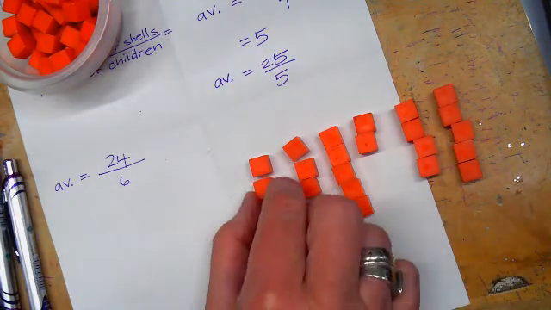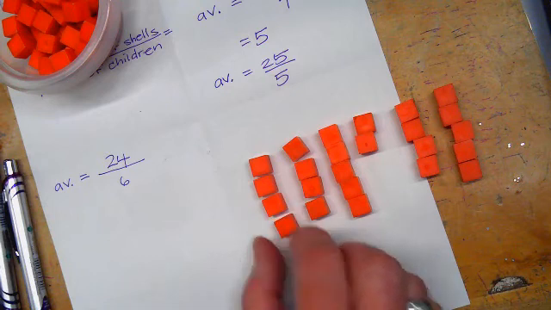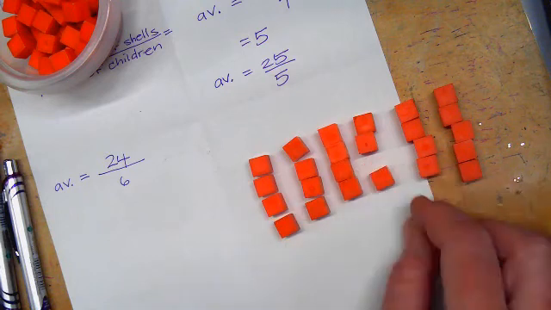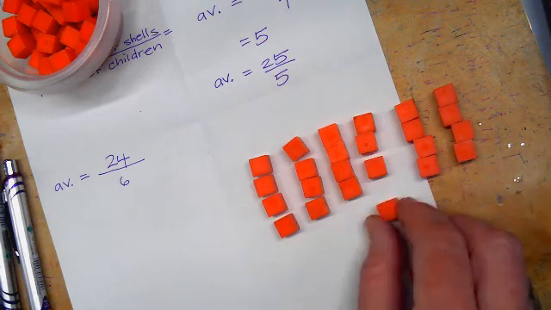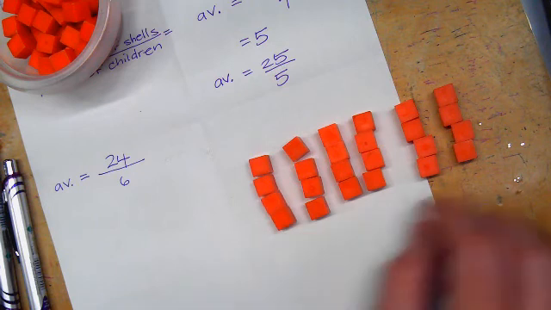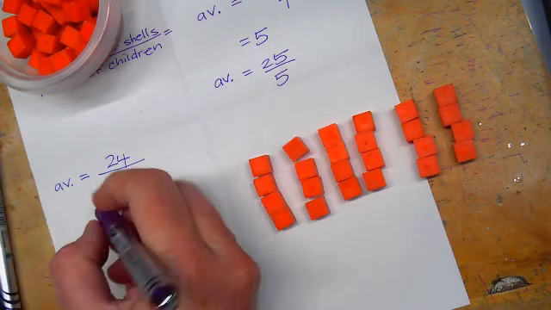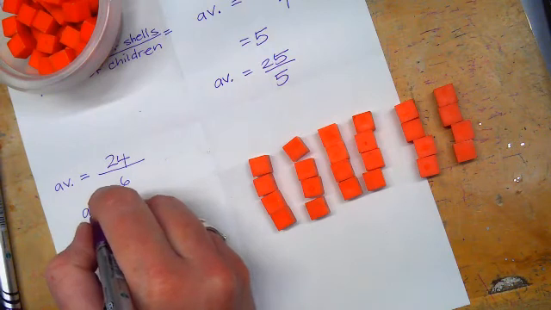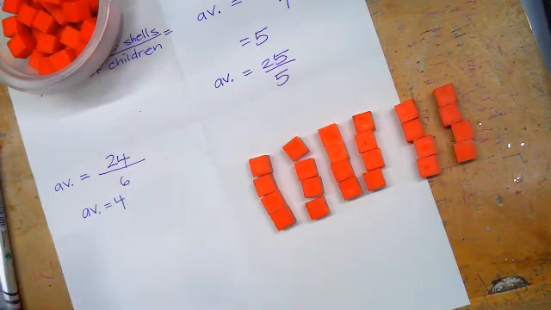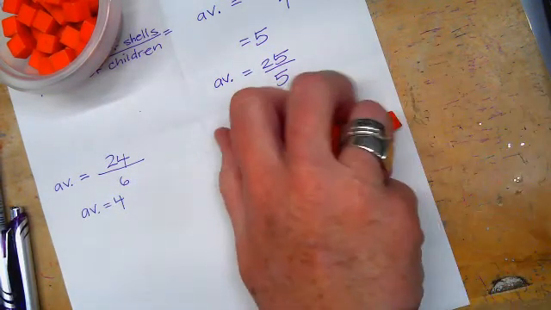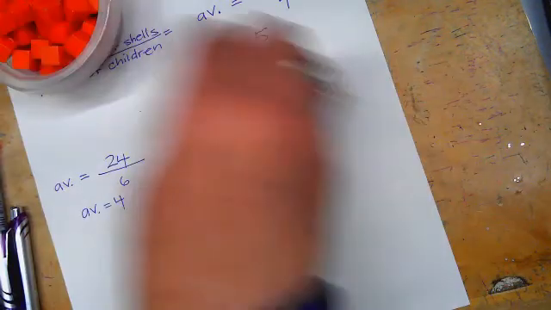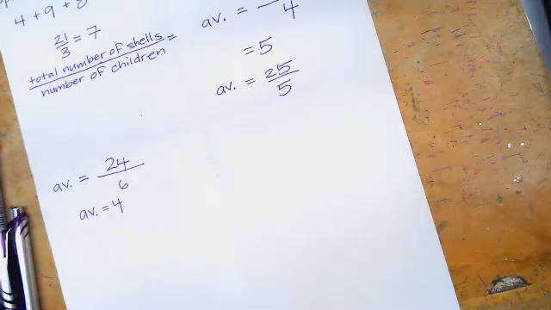So if I have 24, I'd have to add a lot more to that group, right? I'd have to add some to this group, right? So I would end up with 4 in each group because the groupings would have to be equal. So the average equals 4.